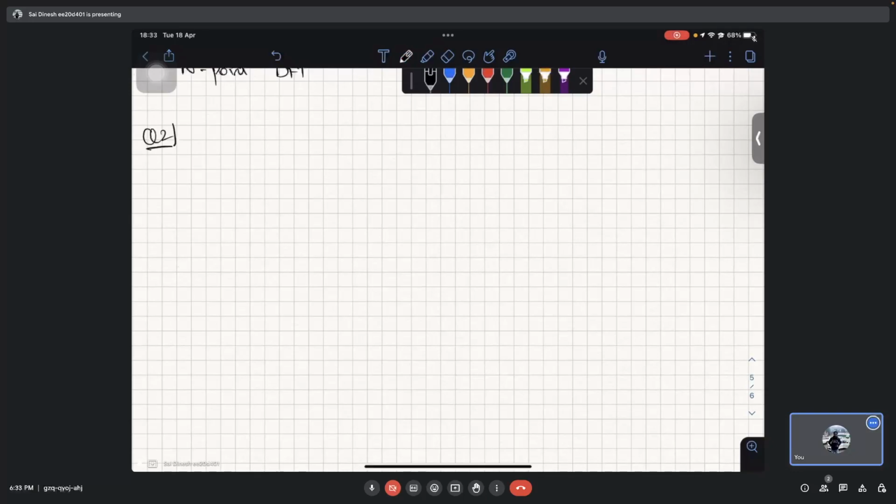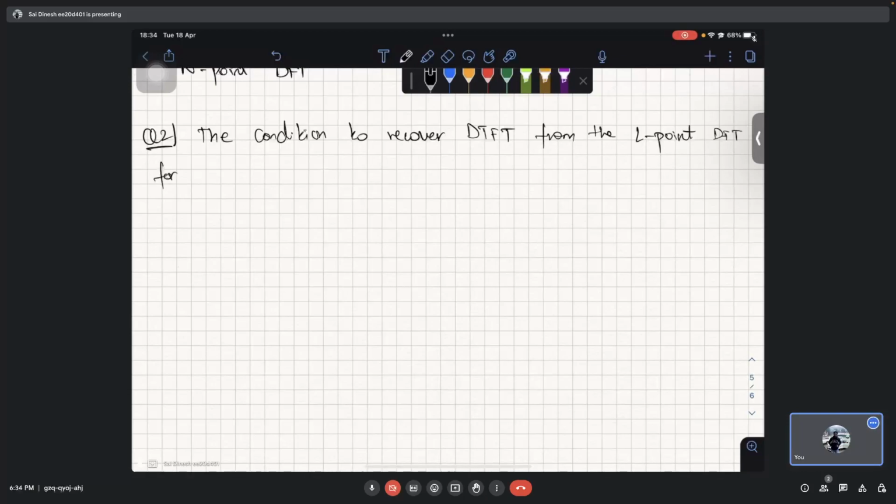Next question. Question 2. The condition to recover the DTFT from the L-point DFT for an L-length discrete time sequence is what?